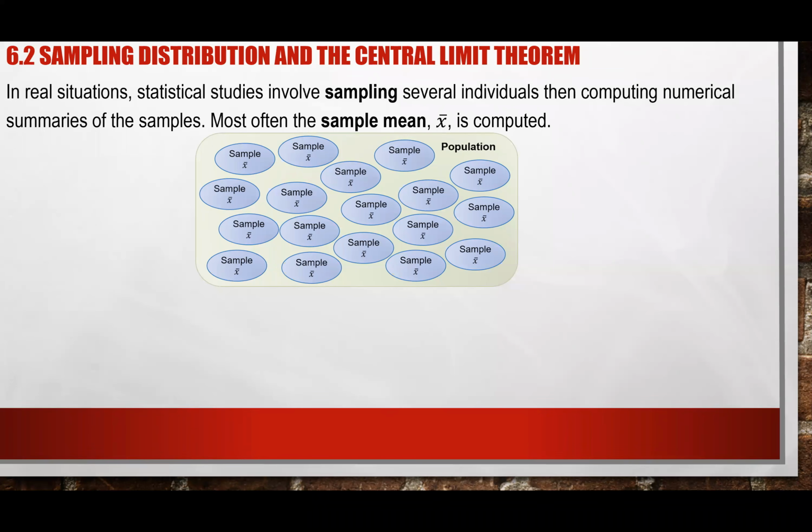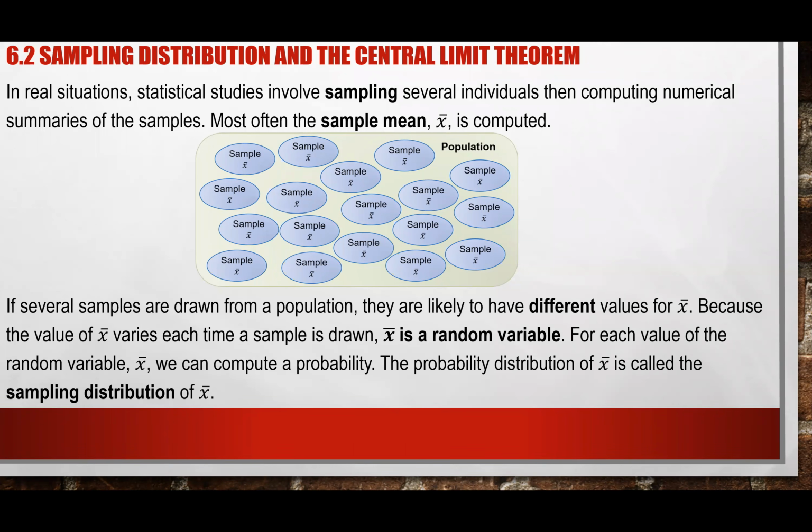So this is the idea behind 6.2. If we have the samples, and you take out each of these samples and calculate the mean of each sample, you will see that eventually this sample mean is equal to your population mean.